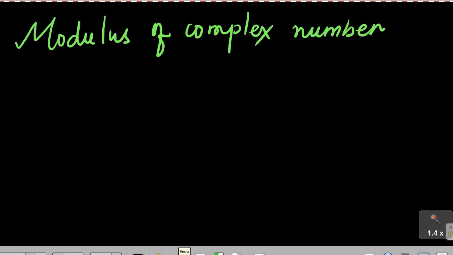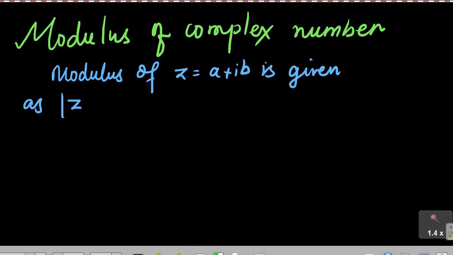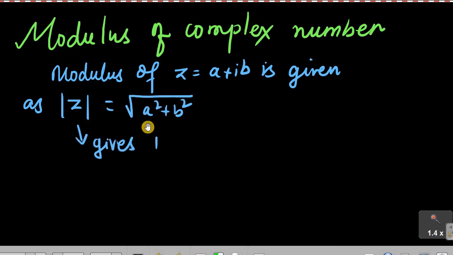Okay, now let's see the modulus of a complex number. The modulus of a complex number z = a + ib is denoted by this symbol, where modulus of z is equal to root of (a squared + b squared), that is the square root of the square of the real part plus the square of the imaginary part. So what does this modulus of z give?